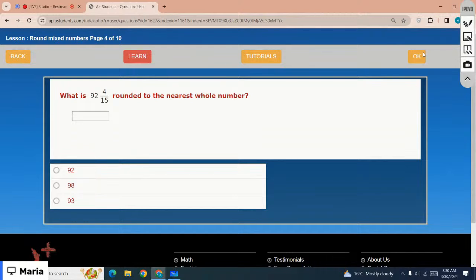That means you have to round on the same decimal. The correct option is 92. You have to round on the same decimal, right?